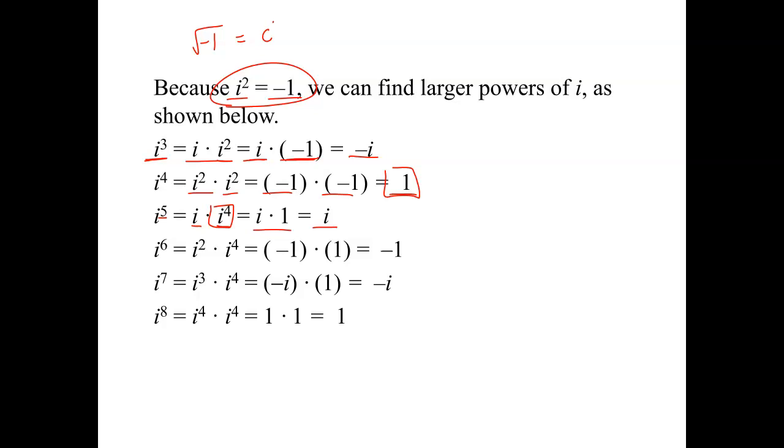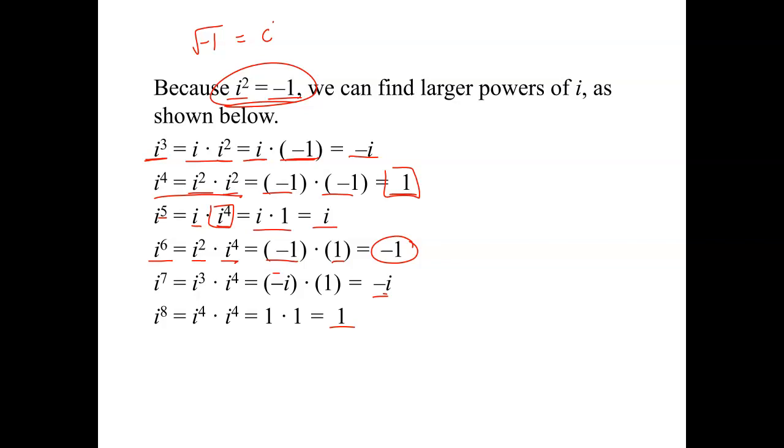So now I'm back at i, which is the square root of -1. i to the 1st. i to the 6th is i squared times i to the 4th, so I'm combining -1 times 1 to give me -1. And the pattern repeats. It goes over and over.